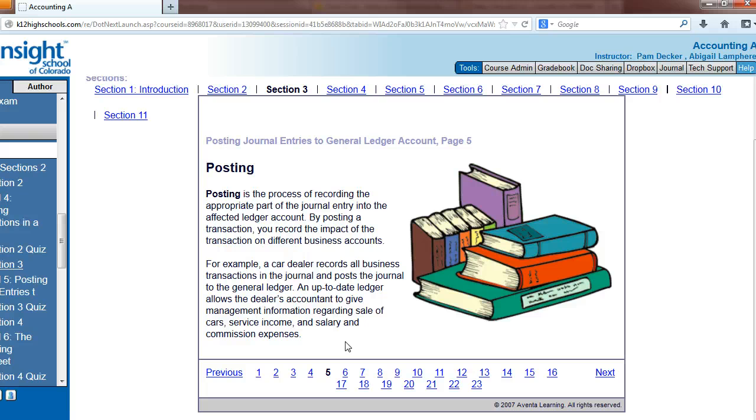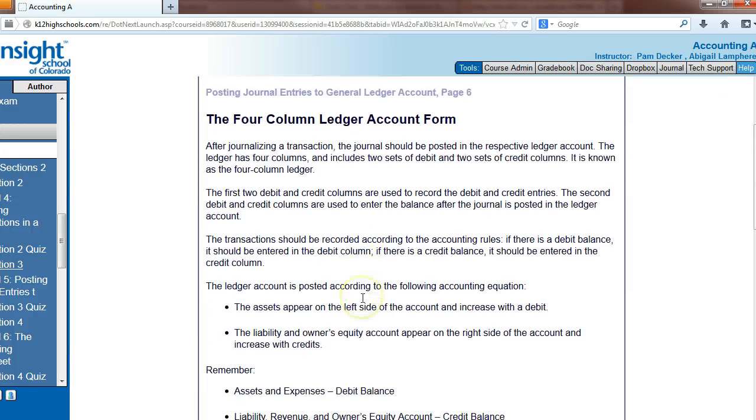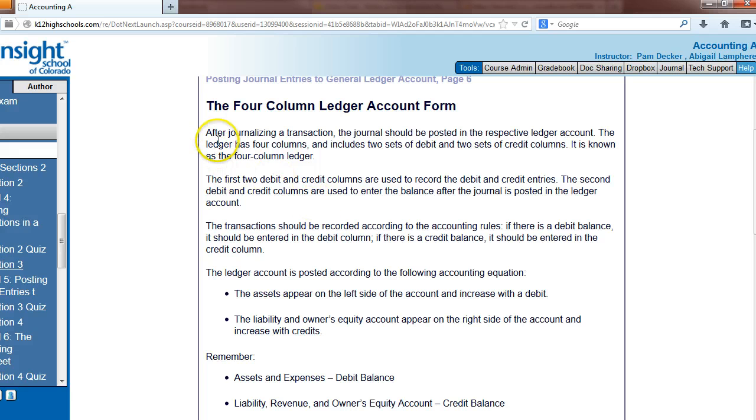If we're looking at the cash ledger account, we're able to see all the cash transactions right in a row and can tell instantly what the balance of our cash account is. Same for all accounts. Okay, the ledger form is a 4-column ledger account form, and we'll show you an example of that here in a second.